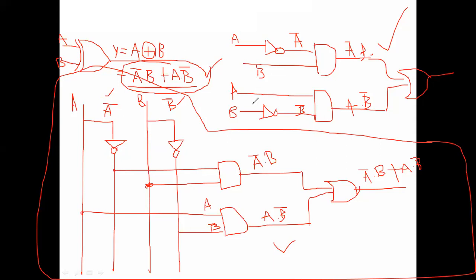Okay, now we draw the same for the exclusive NOR gate. Do you understand this?